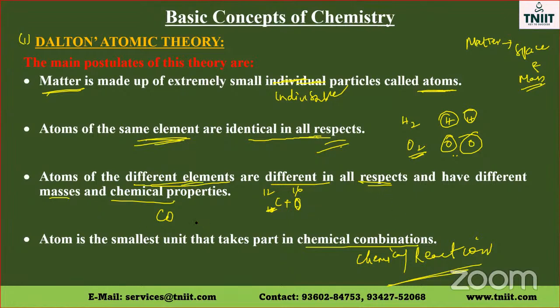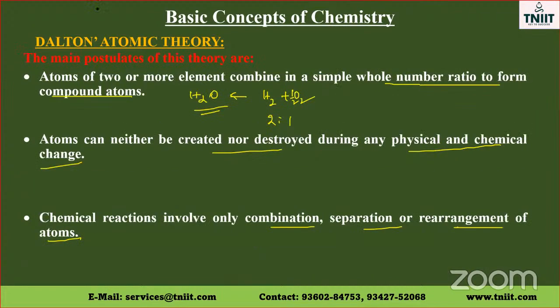They have different masses and chemical properties. That is, different masses with respect to physical property, and chemical properties are reactions. Atom is the smallest unit that takes part in the chemical reaction. The next is atoms can neither be created nor destroyed during any physical or chemical change. And chemical reactions involve only combination, separation, or rearrangement of atoms.